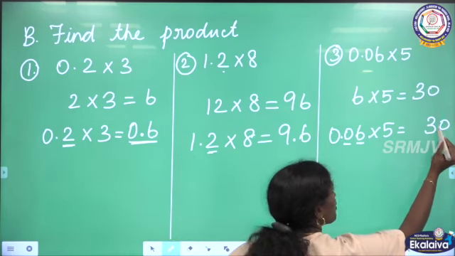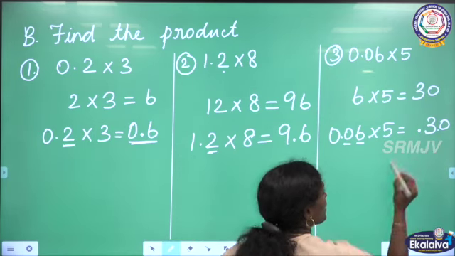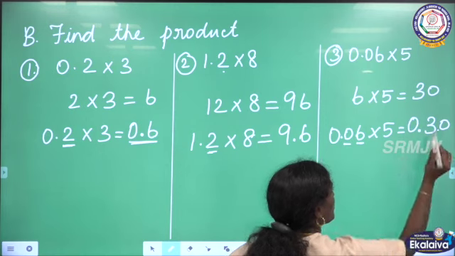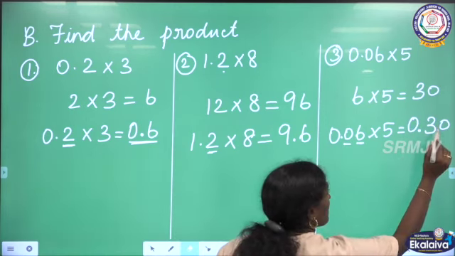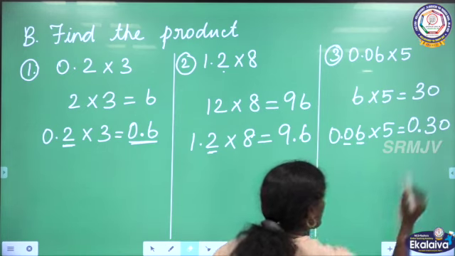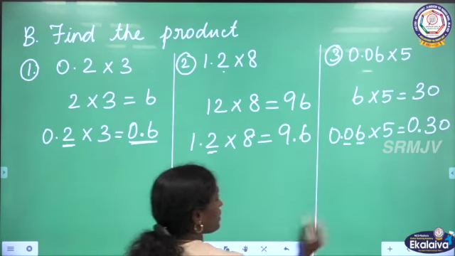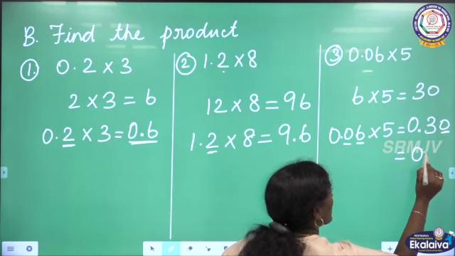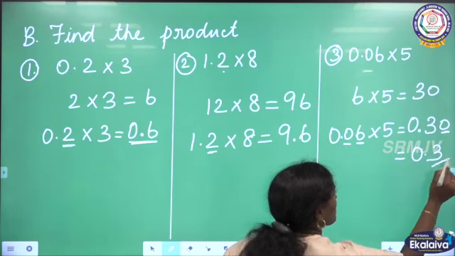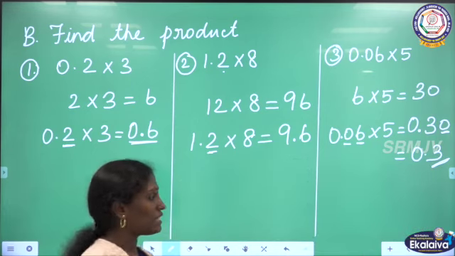So, from the last, before 2 digits we have to keep the decimal point. Then it will become 0.30. For the last 0, there is no value, so we can write it as 0.3. So 0.3 is the answer.